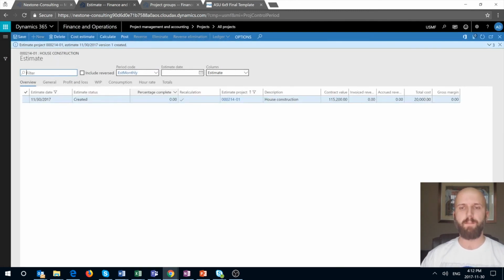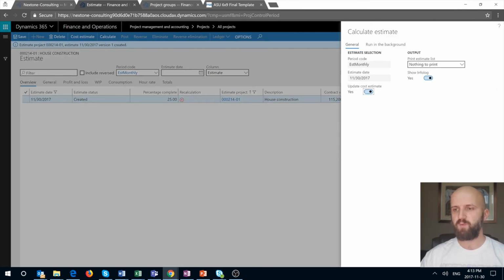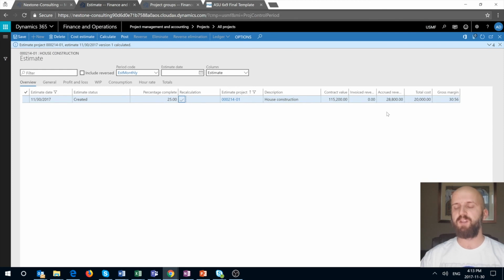So right now, the percentage complete field is blank, and we can say, for example, we feel that we already completed 25% of a house versus 20 calculated by the system. Once we change that percentage completed, we need to recalculate it. And this way, the system will calculate $28,800 as the revenue to be recognized.